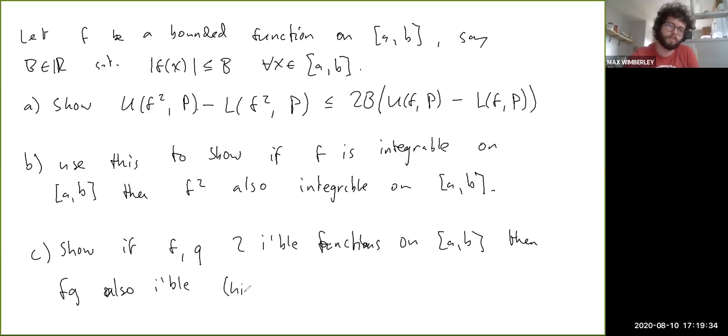And they give a hint, which is this. For fg, use (f plus g) squared minus (f minus g) squared.